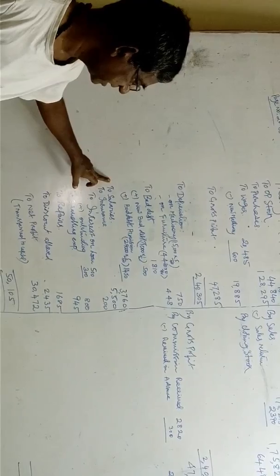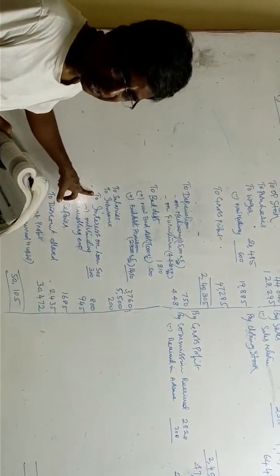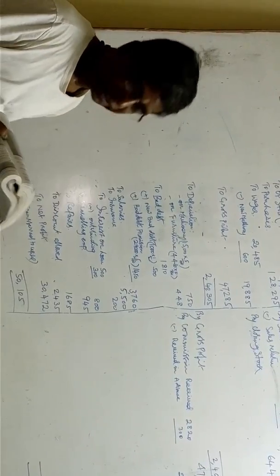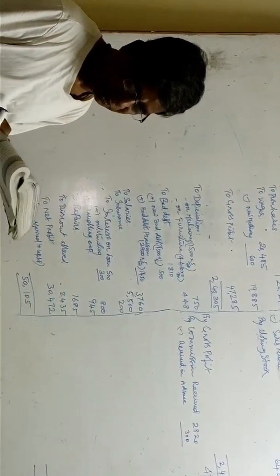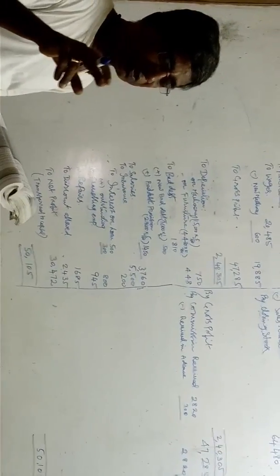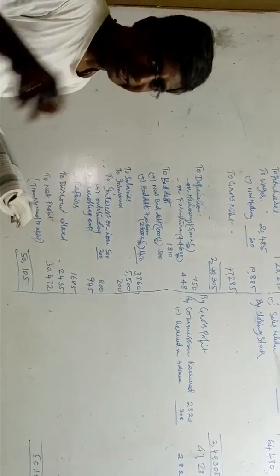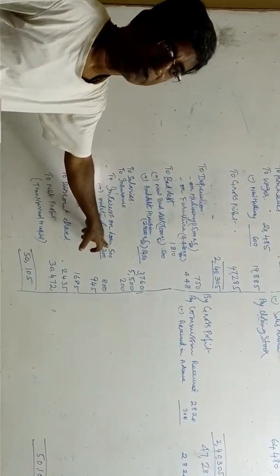Now, salaries, insurance, interest on loan. If you see the interest on loan, you are given only 500. If you see the liability side, loan 8%, 10,000. If you calculate 10,000 at 8%, it comes to 800. But here in the trial balance, you are given only 500.